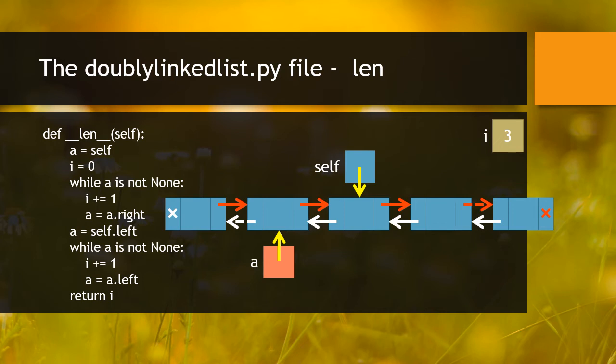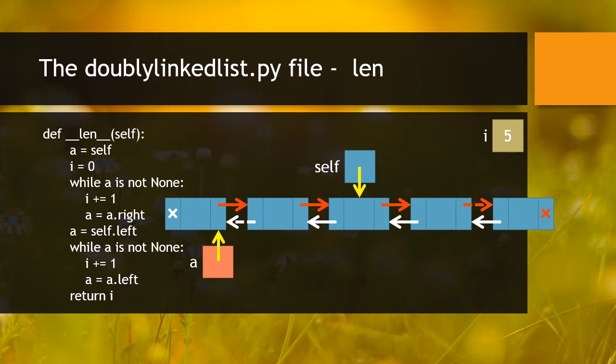Again you move into a while loop whose condition checks if A is not none. The condition is true. Increment I. Advance A towards the left. A is not none. Increment I. Advance A towards the left. Look at the node to which A is pointing.